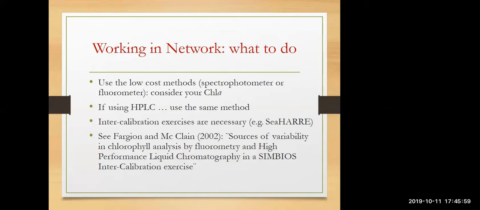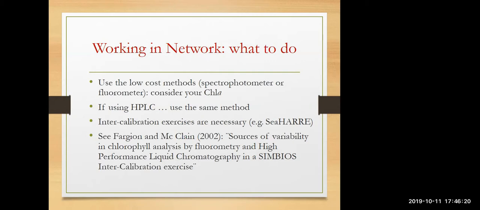For example, the SeaHARRE intercalibration round robin is an example of an intercalibration exercise. If you are working in a network, we have to think about making some similar type of exercise.